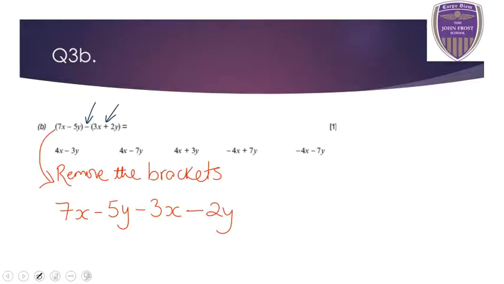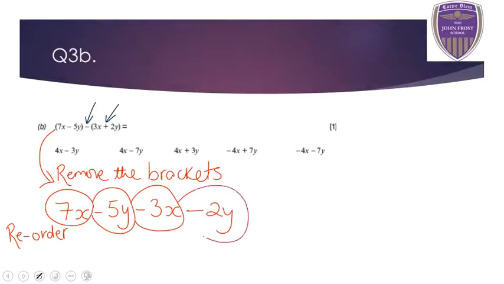So sometimes it's easier to reorder. If you think of every term with the sign before it, okay, what I'm going to do is swap things around. So I'm going to have the 7x minus the 3x. Okay, so I've dealt with those two.